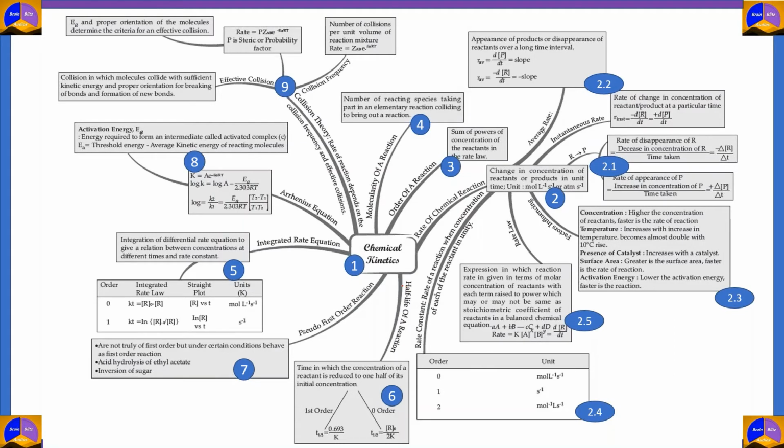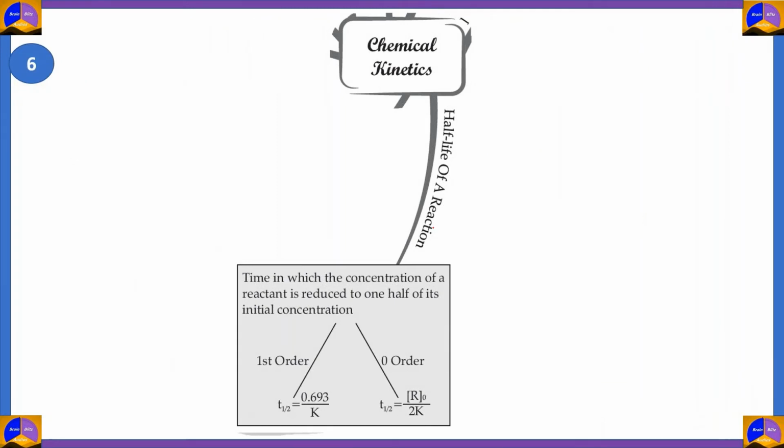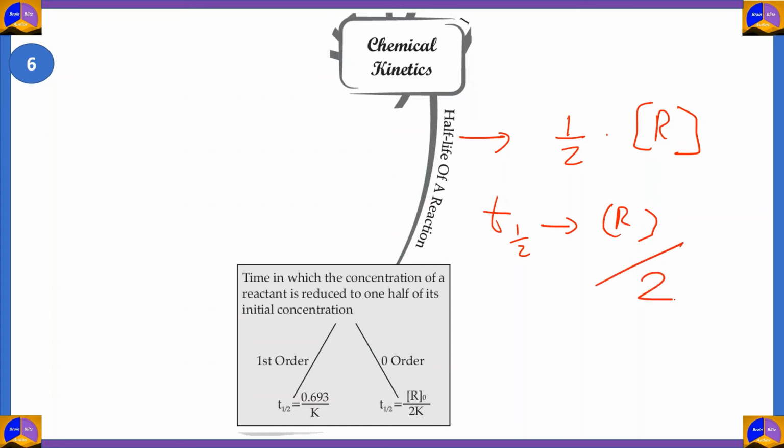Now let's move on to half-life of a reaction. Half-life deals with half of the concentration of the reactants. The half-life is the time taken in which the concentration of a reactant is reduced to 1/2 of the initial concentration.